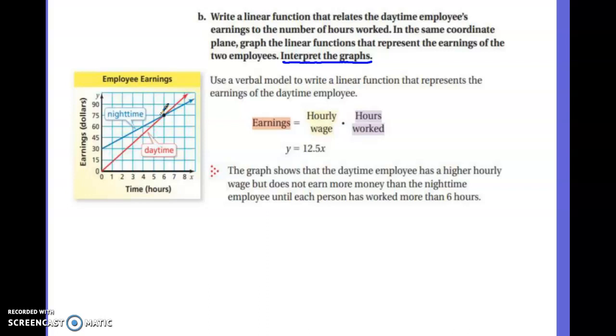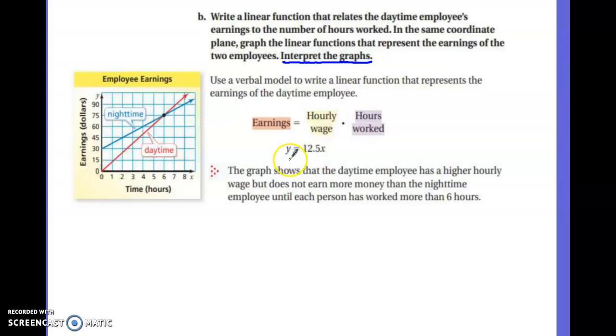It wants you to interpret the graphs. Here it says, use a verbal model to write a linear function that represents the earnings of the daytime employee. So remember, the daytime employee starts at 0. There is no y-intercept, but you know from the previous slide that they're earning $12.50 an hour.